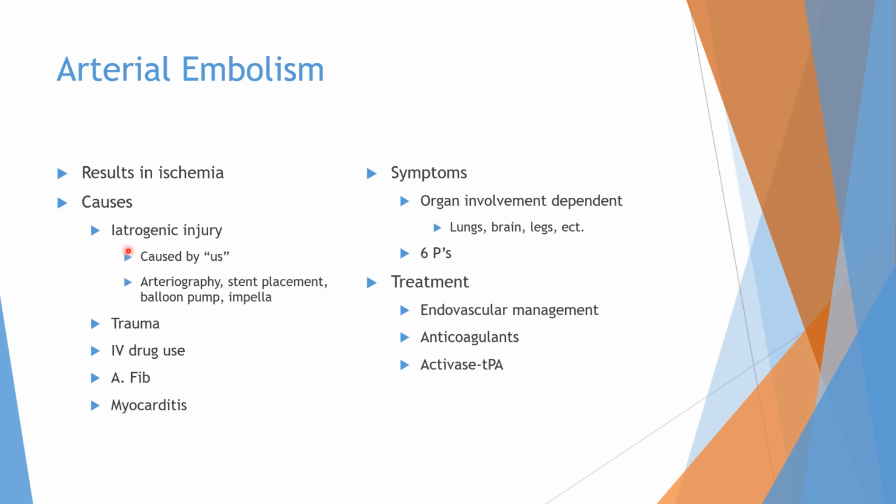Some sort of iatrogenic injury, such as stent placement, and our stent moves or is dislodged. Okay, we place a balloon pump in the femoral artery and we clot the femoral artery off. We place an impella in the femoral artery and it clots and sends some sort of embolism downstream. Trauma.